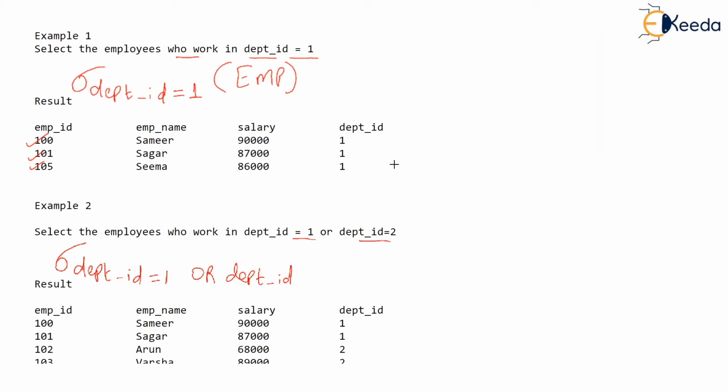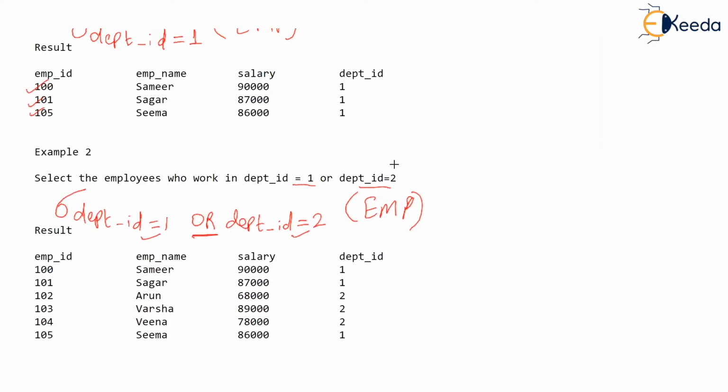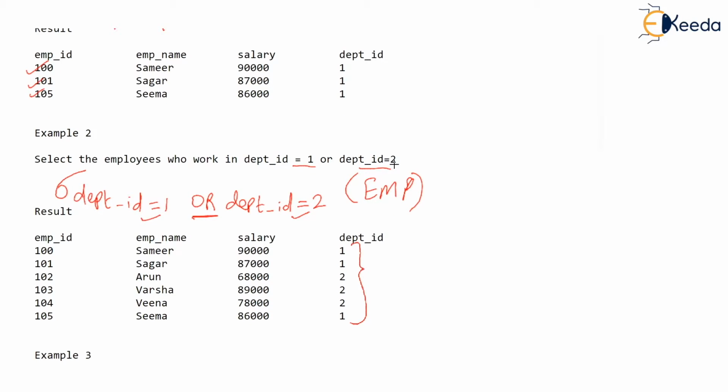Those employees where either department ID is 1 or department ID is 2 will get selected. Any of the two can be true for a particular employee. As you can see, those employees who work in department number 1 or 2 are selected, whereas the employees who work in department number 3 are not selected in the output.